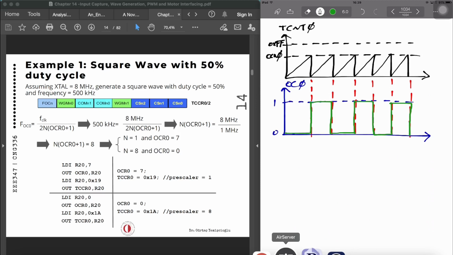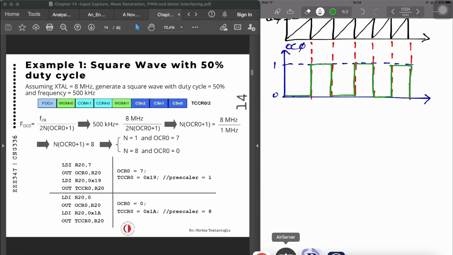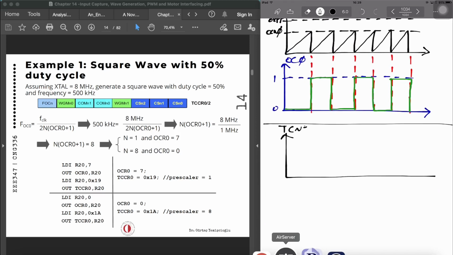Now, in CTC mode, when OCR has a lower value, compare match occurs earlier, as you can see, and the period of the generated wave is smaller, so we can have a higher frequency. Now, when OCR has a higher value, then the compare match occurs later. So if I generate another one, again TCNT0, 0xFF, this is the highest point for an 8-bit timer.